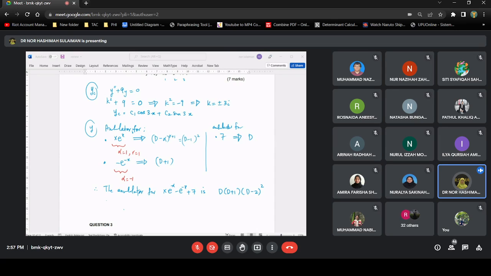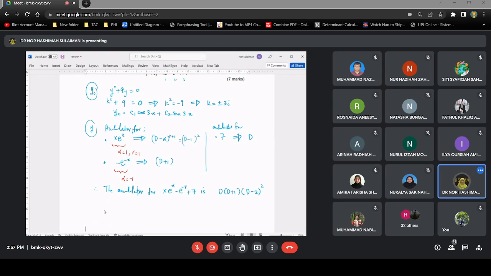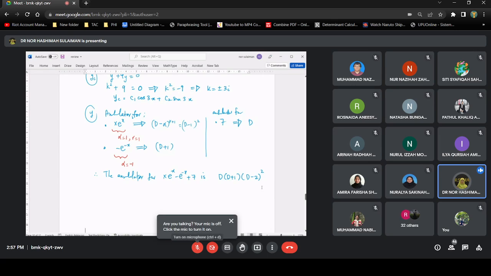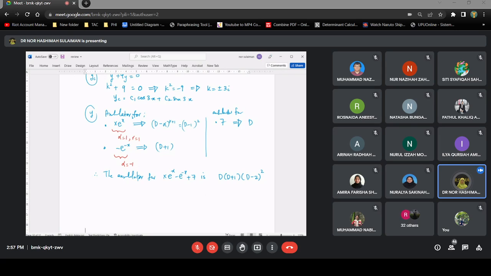Betul. Razik, betul ke Razik? Kenapa saya darabkan Razik? Kenapa saya tak tambah tolak Razik? Kenapa? Jawab. Betul-betul jugalah. Tapi apa dia? Nak kena proof pula. Nanti pergi tengok kat nota balik kenapa, saya tak suruh you explain kenapa.